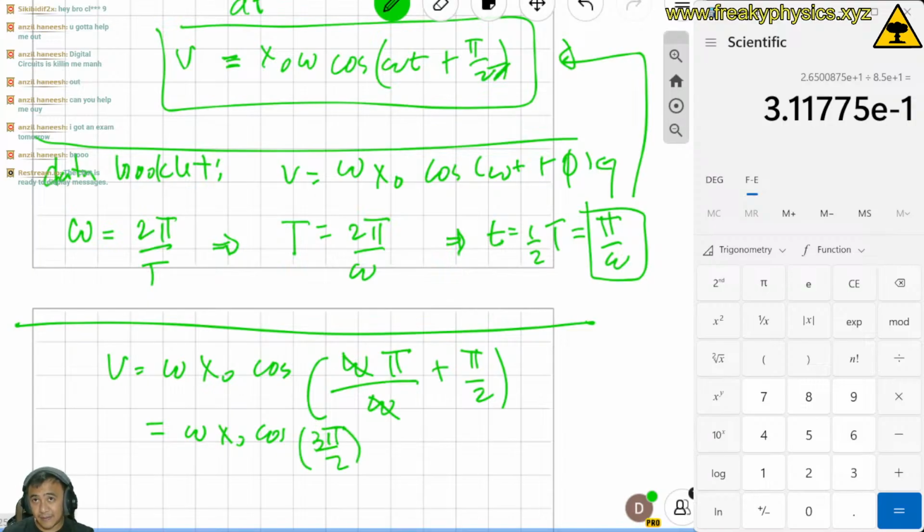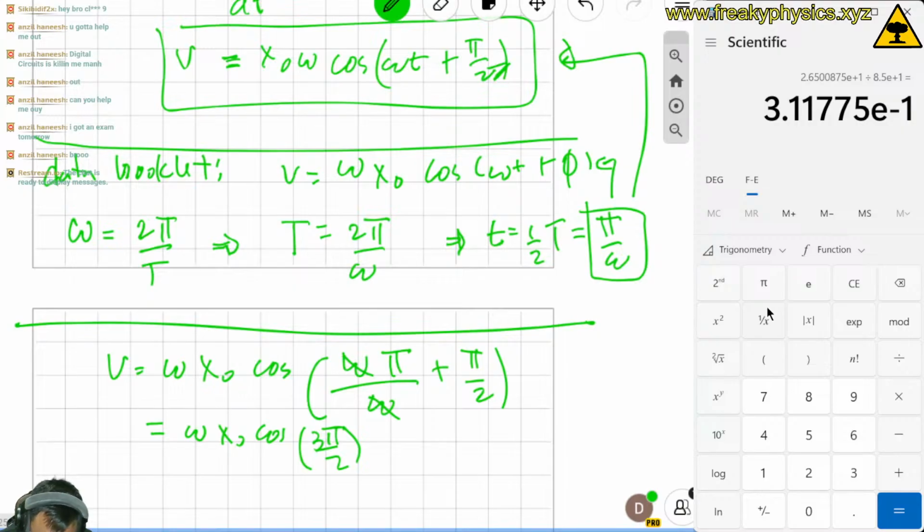That's 270 degrees, which is on the y-axis. Is it 0? Let's double check. My brain's not braining right now.